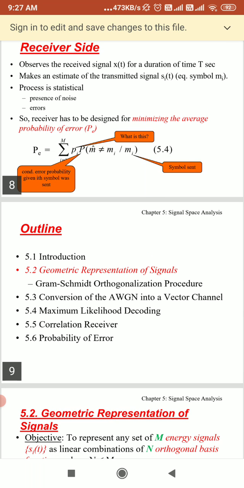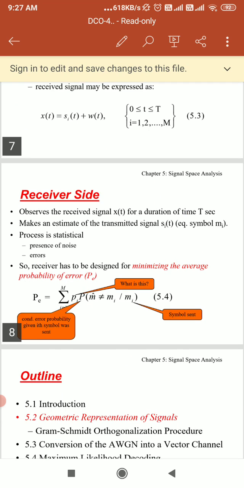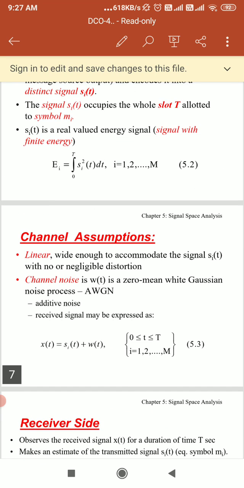So the modulator constructs the signal Si of t for duration t seconds, and you will get the energy of the signal Ei as the integral from 0 to t of Si squared t dt, where i is equal to 1, 2 up to m.